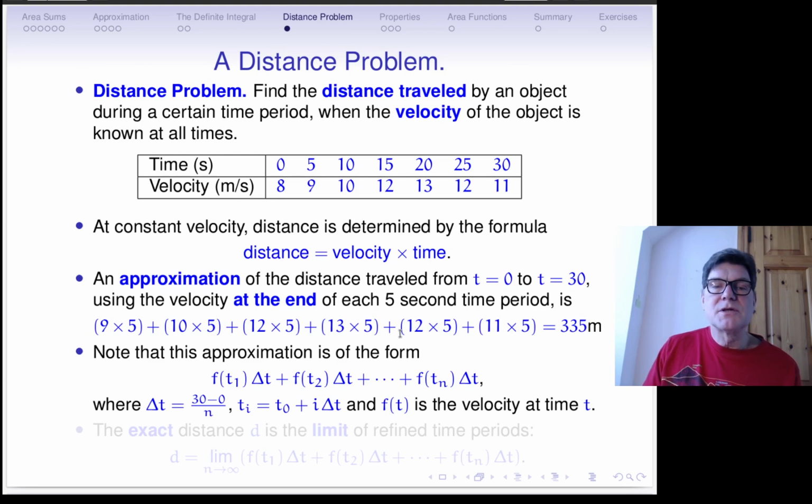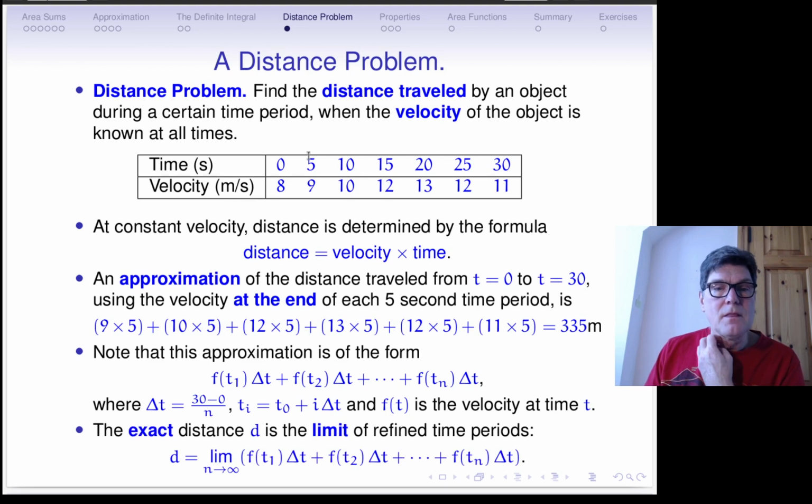And this is a formula which gives an approximation of the distance traveled. And if under ideal circumstances the velocity, as it says here, is indeed known at each point in time, then one could determine the exact distance traveled as the limit of refined time periods, letting the n go to infinity, subdividing this 30-second time interval into smaller and smaller, more and more subintervals, and then evaluating this sum of products in the same way.